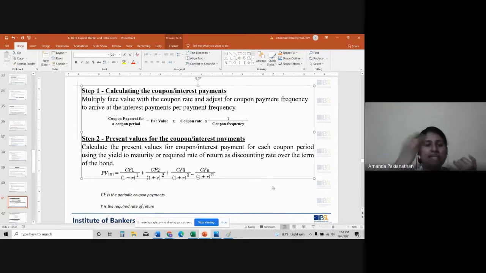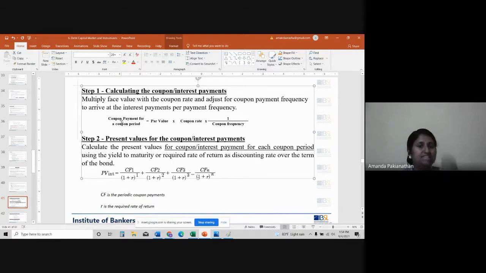You will multiply it by the coupon rate. If you multiply it by the coupon rate, what will you get? You will get the coupon in amount terms, but that is the annual coupon. What am I trying to find? I need to find coupon payment for one particular coupon period.